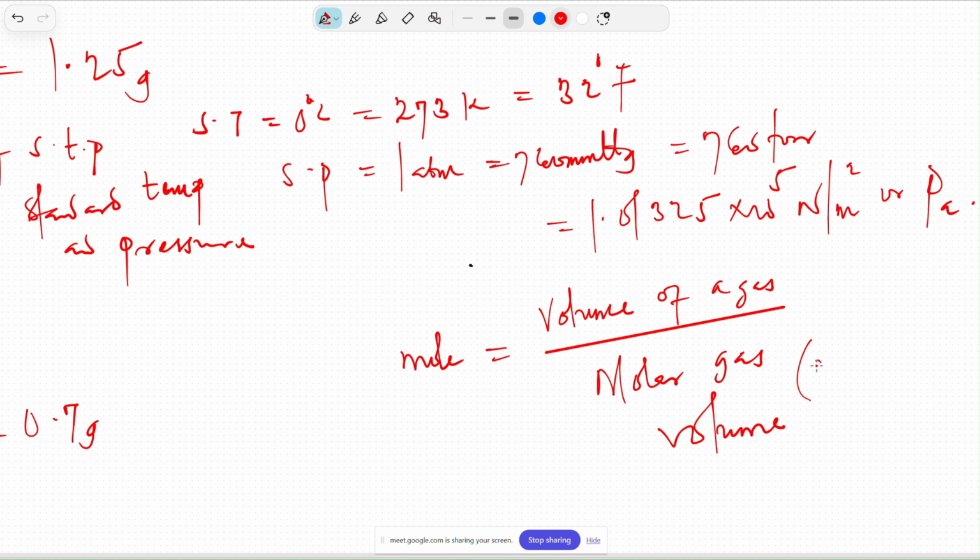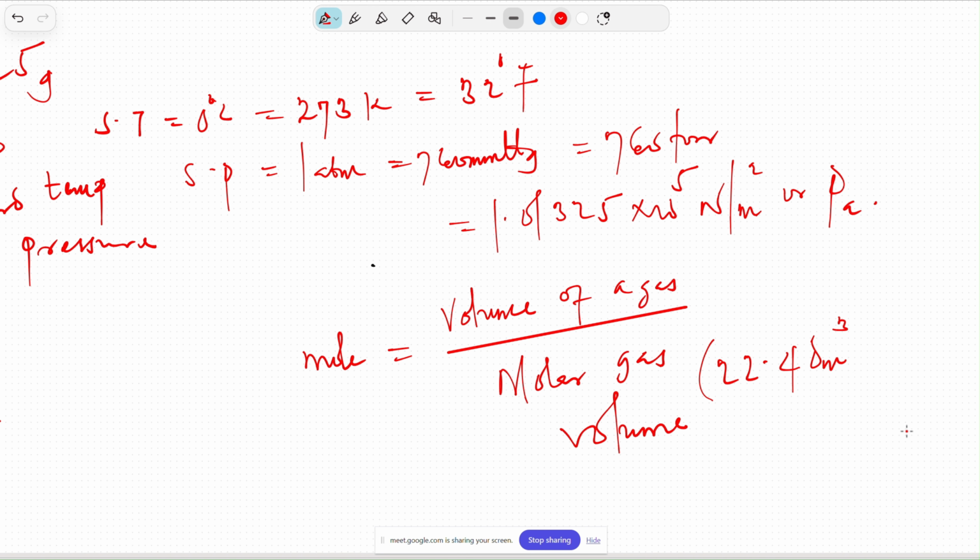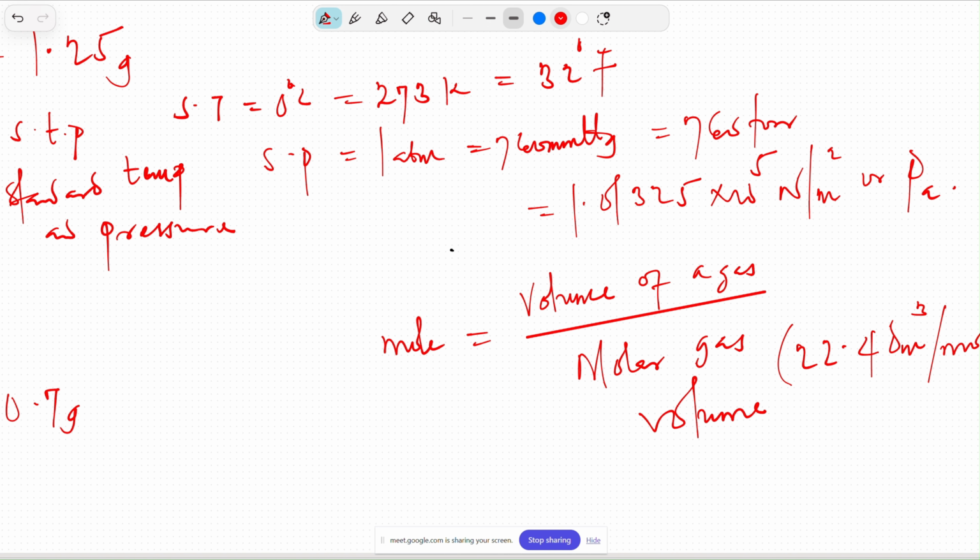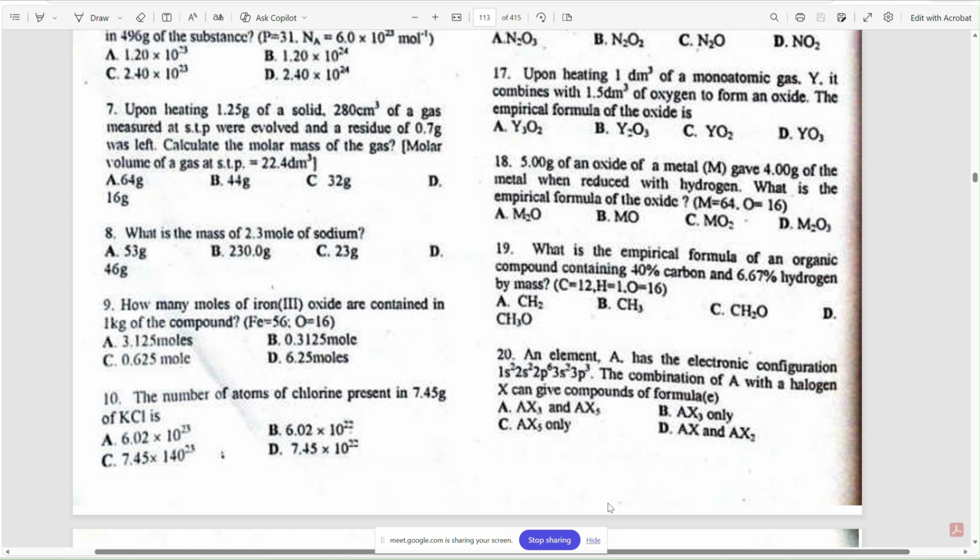And this molar gas volume, you need to take note of that to be 22.4 dm cube per mole. Are we together? So molar gas volume is 22.4 dm cube per mole.